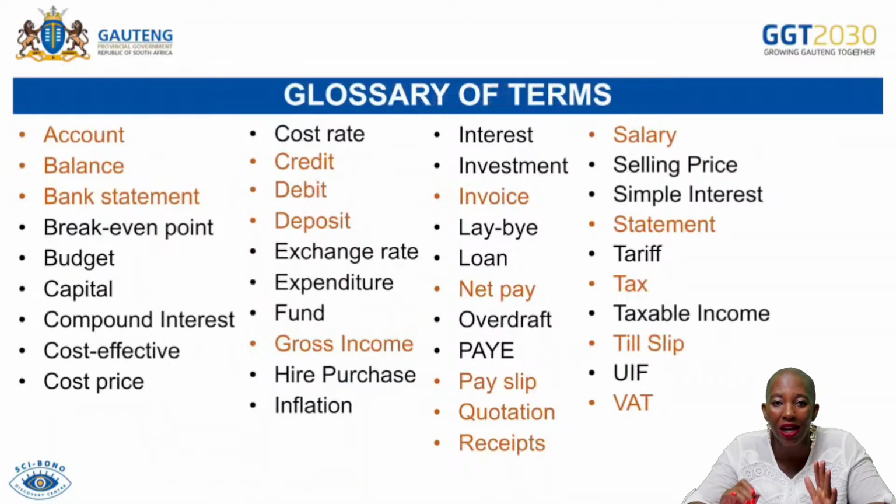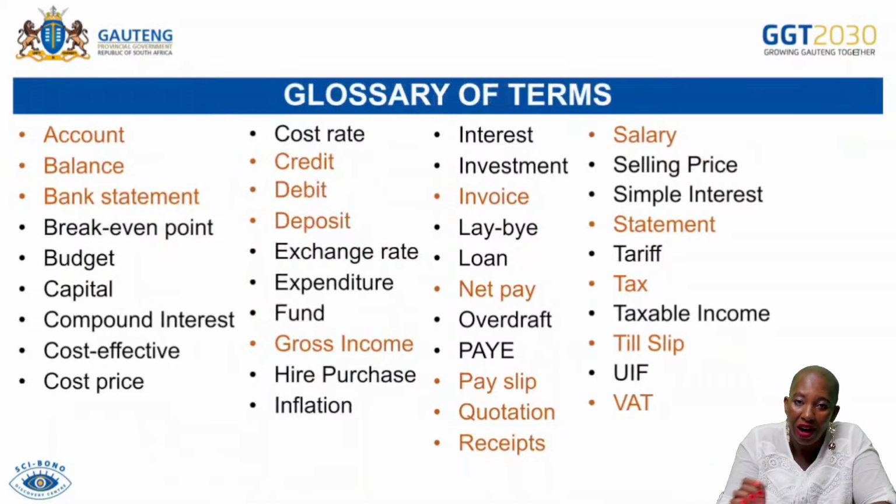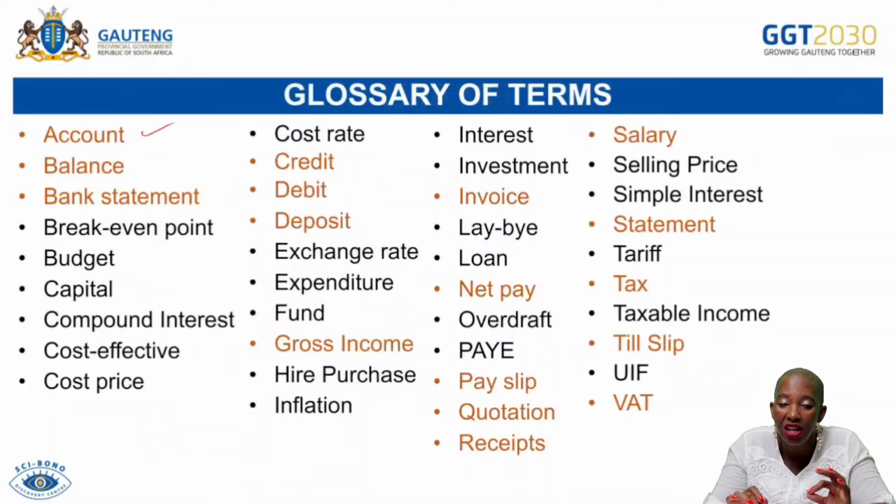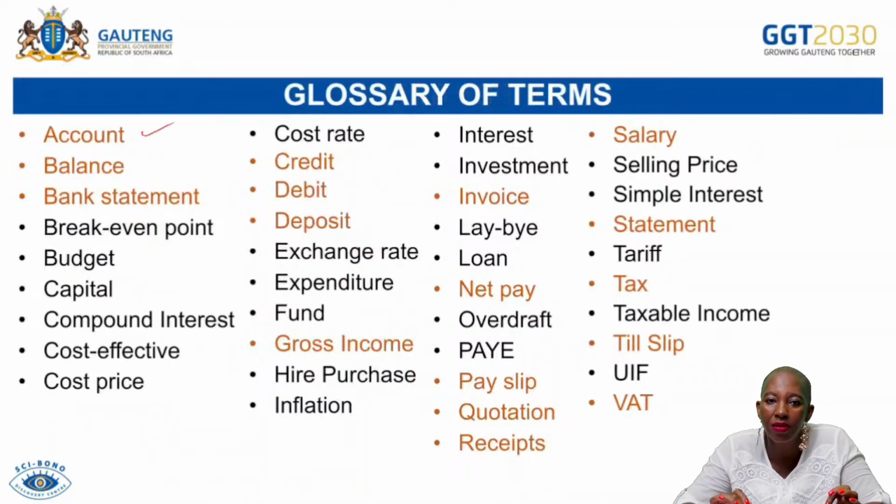Now let us have a look at the glossary of terms or terminologies that are there in financial documents. The ones that I have highlighted, as you can see, there's an orange color, and then there's a black color. The ones that are in orange, I'm going to read them. These are the glossary of terms that you'll find with financial documents, or when you talk about finance as a whole, as a topic.